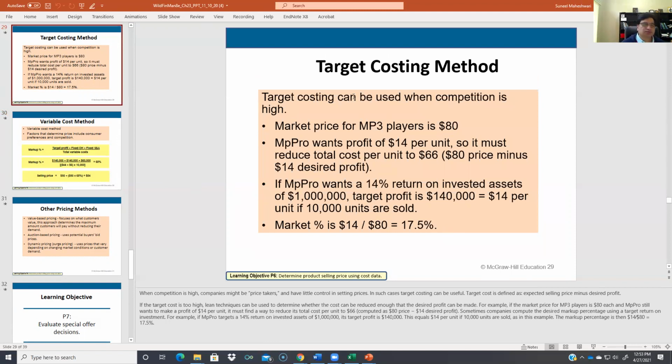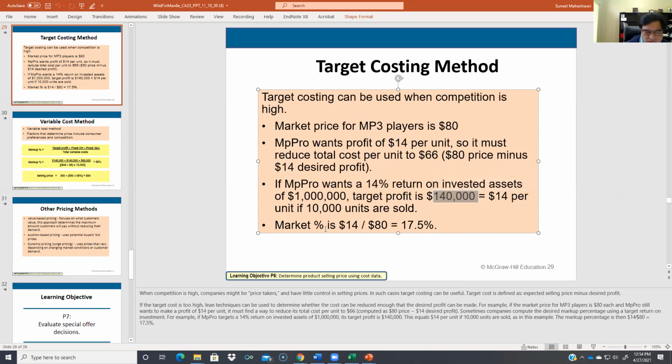So target costing can be used when competition is high. Suppose the market price is $80. So we know that's the price given by the market, and it wants to have a profit of $14 per unit. That basically means it needs to have the total cost under 66. That is 80 minus 14. It wants a 14% return on the invested assets of $1 million, so the target profit would be 140,000.